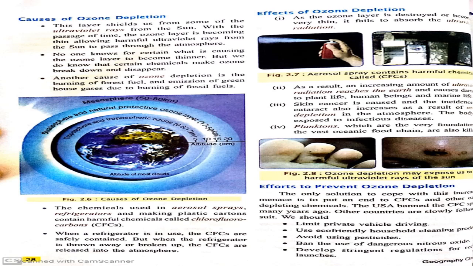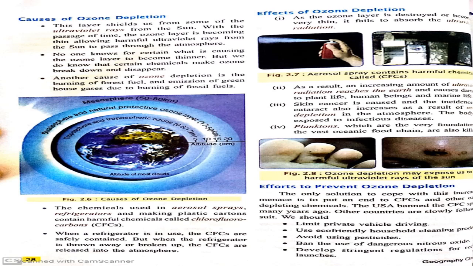The only solution to cope with the increasing menace is to put an end to CFCs, that is chlorofluorocarbons, and other ozone depleting chemicals. The USA banned the CFC spray many years ago. Other countries are also slowly following.